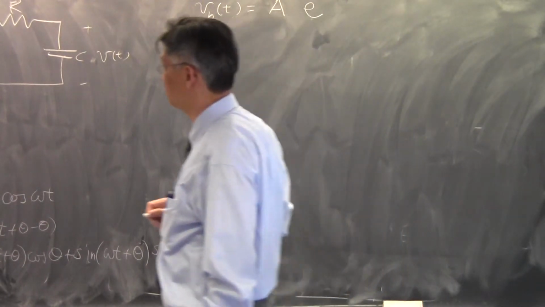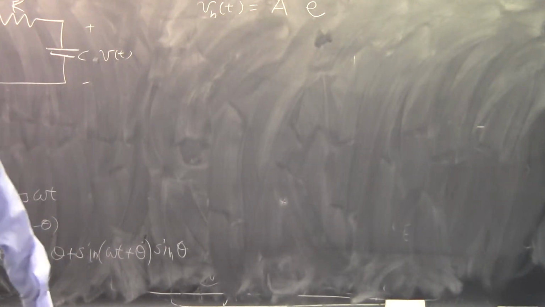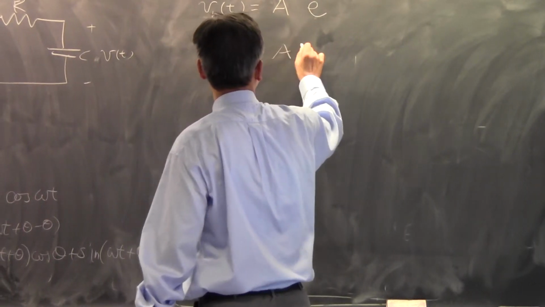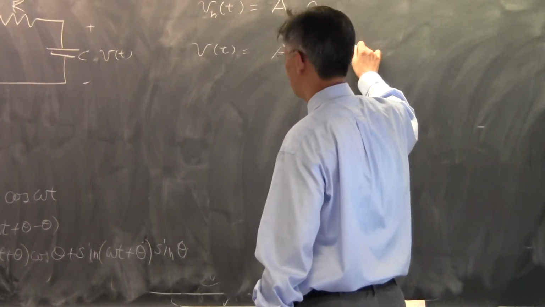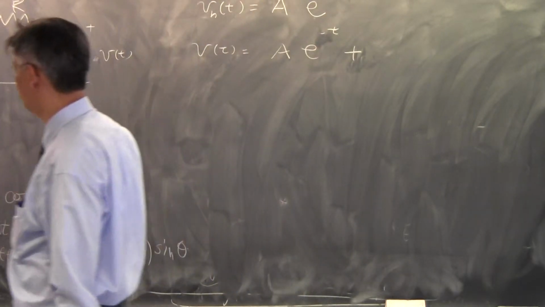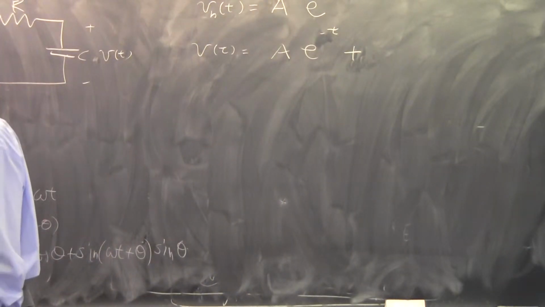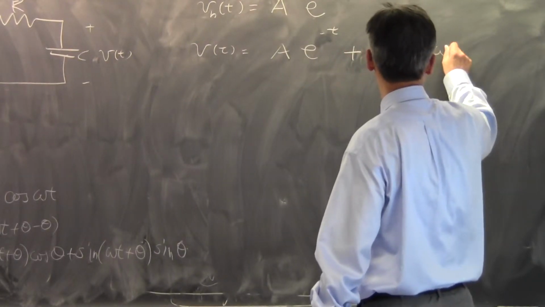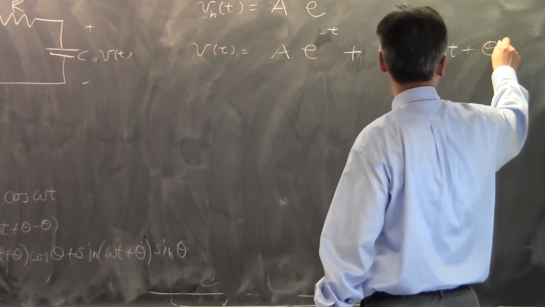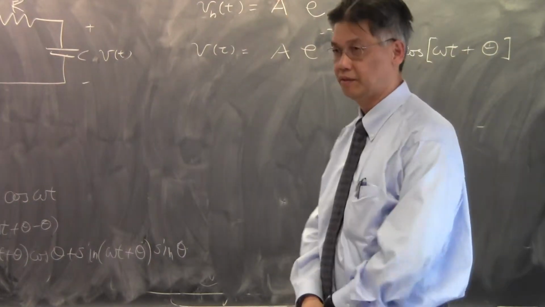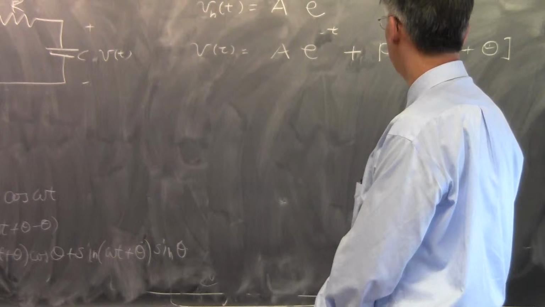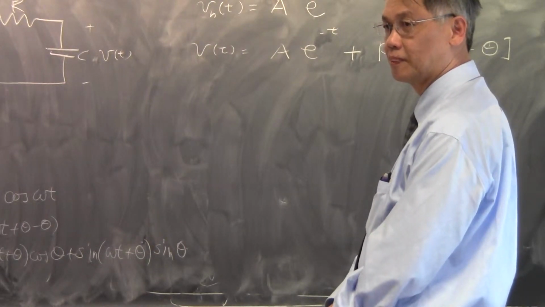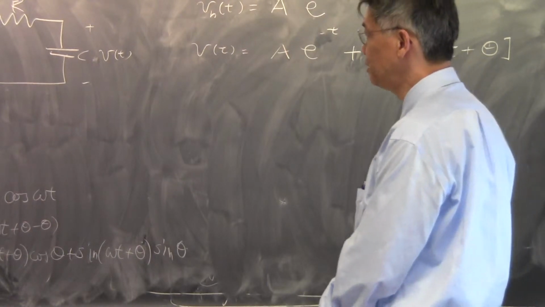That is a homogeneous solution if my RC equals 1. Then the general solution is the homogeneous solution plus the particular solution, which is p cosine of omega t plus theta. You know how to find your p and your theta. And then you write your A in a very suggestive form, so that A has the value of the initial condition built in.